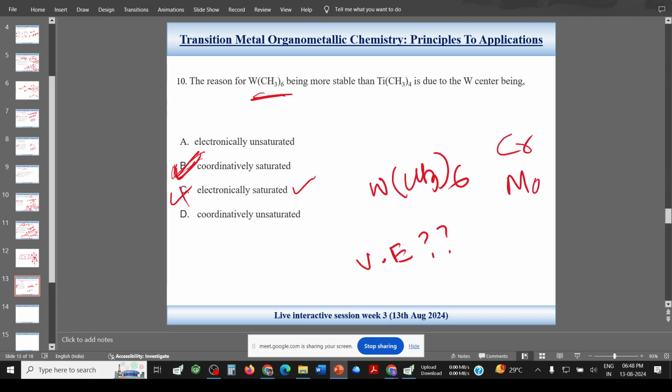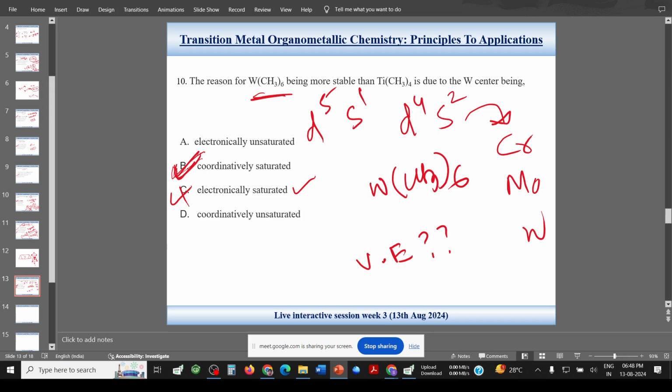Chromium, molybdenum, tungsten. So what is the electronic distribution for the chromium group? d5s1, or d4s2?